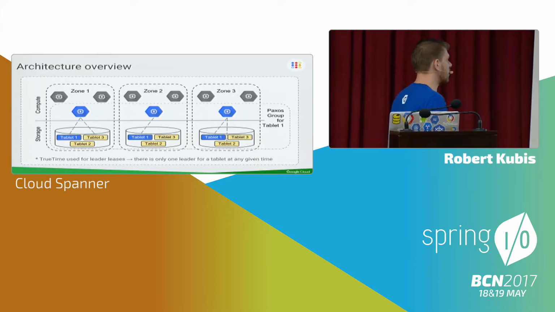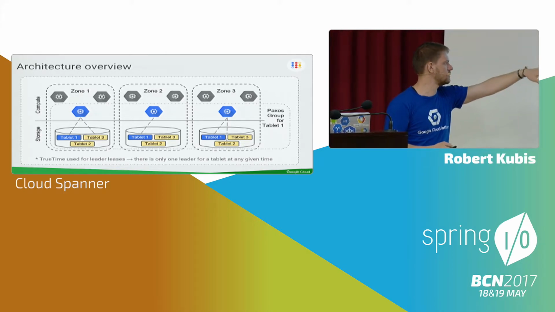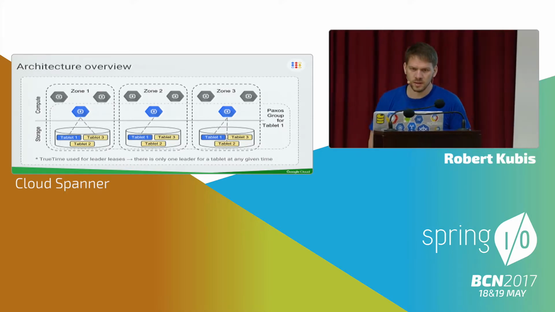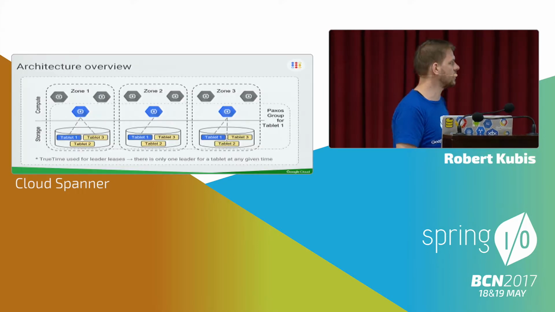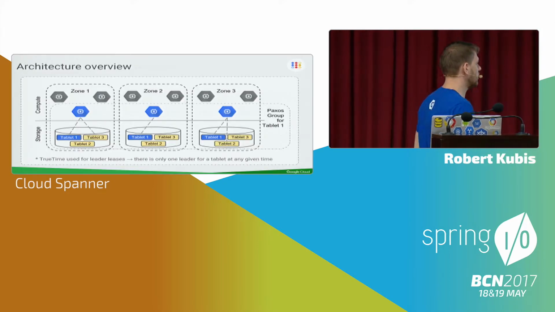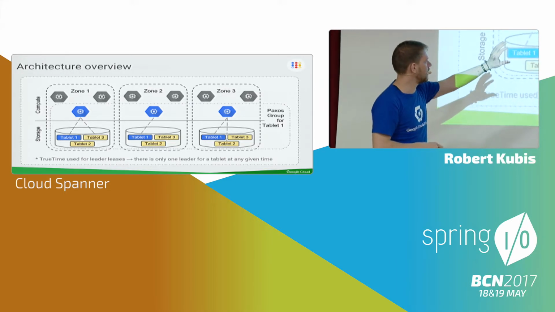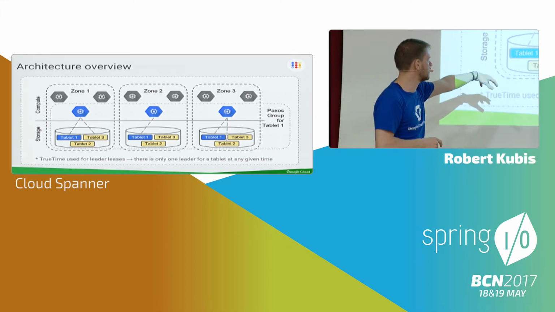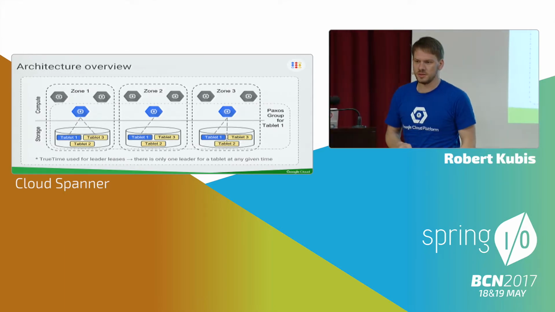Let's take the example of our regional instance with these three nodes, the blue ones right now. And we do a Paxos group. The first thing we do is select the leader in this Paxos group. Each of these nodes is responsible for the tablet, and the tablet again can have different splits from different tables in there.